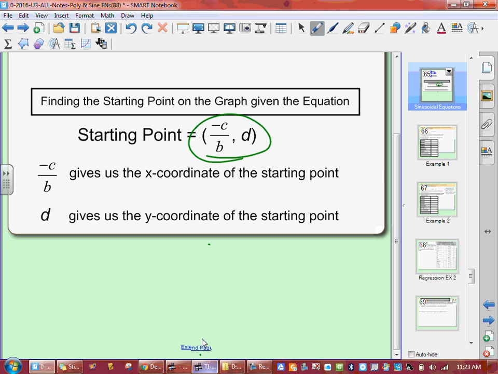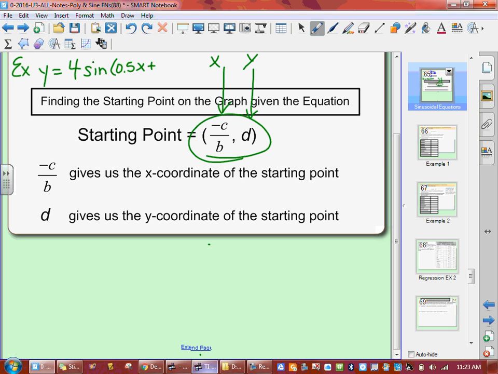So for example, if I've got y equals 4 sine (0.5x plus 2) minus 3. Let's just pretend that's my equation.